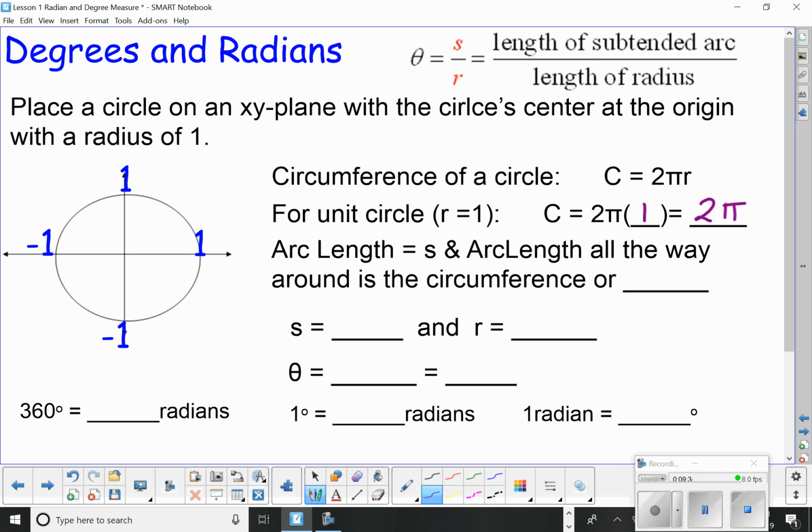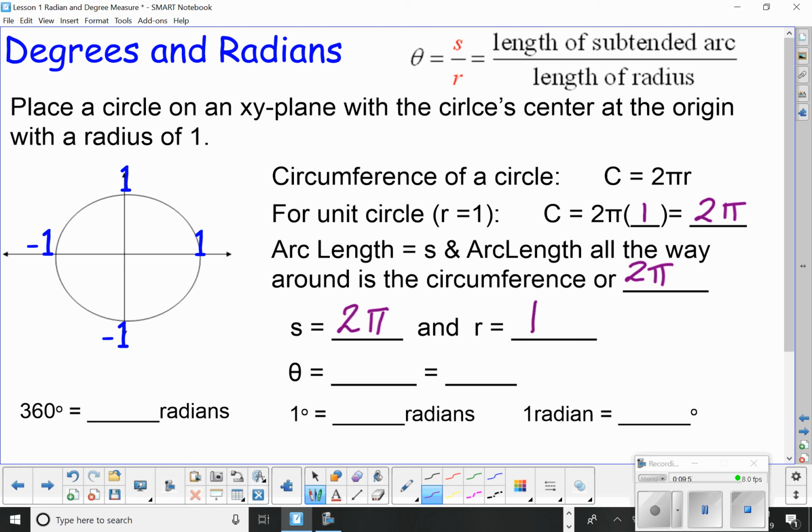Arc length is equal to S. And the arc length all the way around the circle is just 2 pi. So S all the way around the circle is 2 pi for my unit circle where the radius is 1.